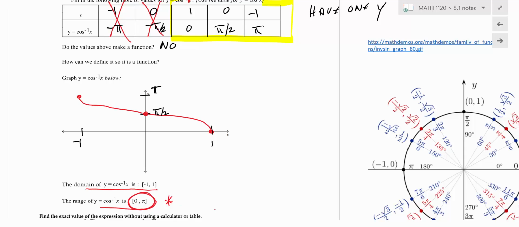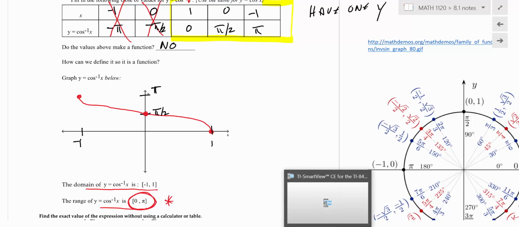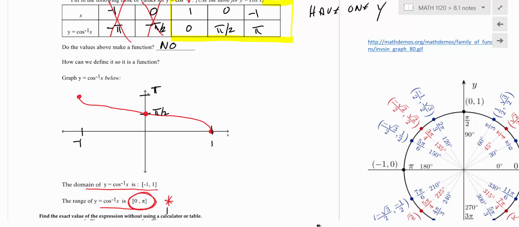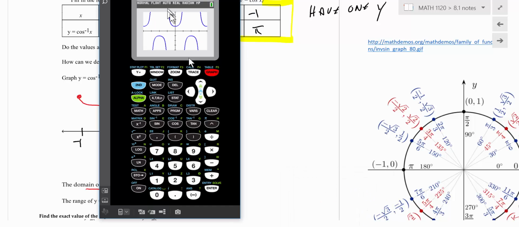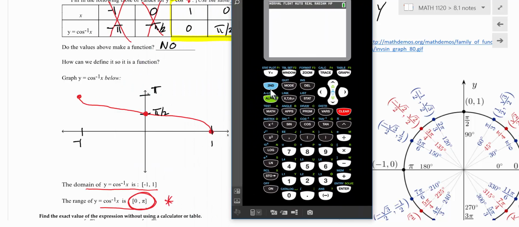Okay. All right. Now before I do anything else with this function, I want to show you something on the calculator. Sometimes this helps students understand this a little bit better. I'm going to punch a couple of things in my calculator. I'm going to put myself in degree mode because you'll see it better. You don't need to do this on your calculator. I just want you to watch this. If you do an inverse sine, you go inverse, like that, second sine.